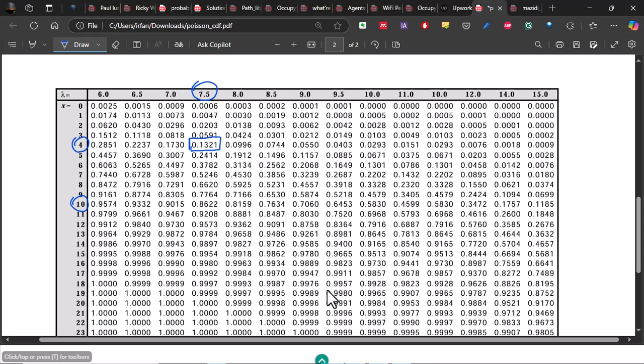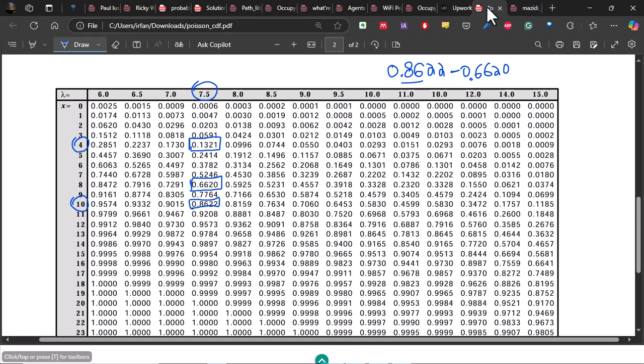The value for 10 is 0.8622, and for 8 it is 0.6620. This is the probability of x less than or equal to 10, and this is for x less than or equal to 8.